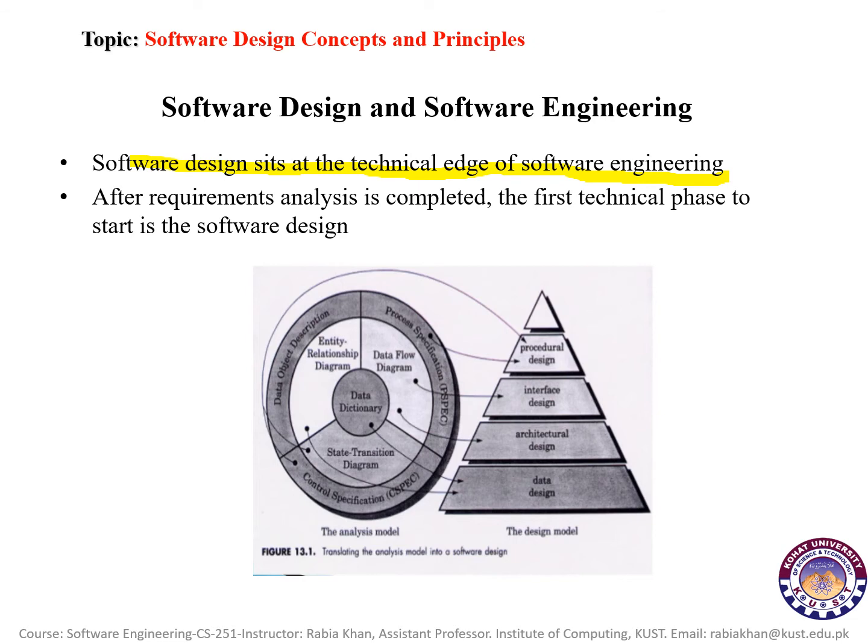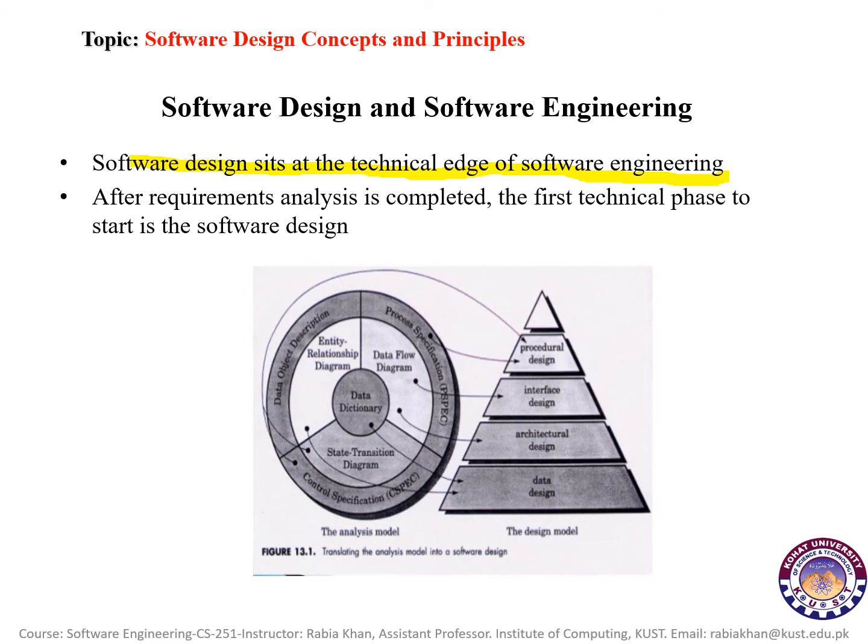So software design sits at the technical kernel of software engineering and is applied regardless of the software process model that is being used. Beginning once software requirements have been analyzed and specified, as we had done in the previous chapter. So the design is the first of the 3 technical activities, which are design, code, and test.